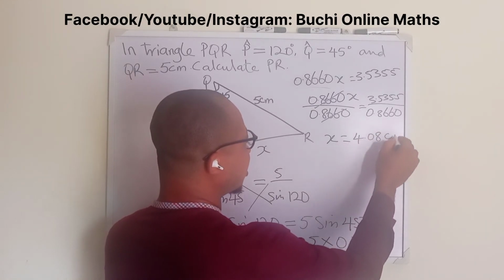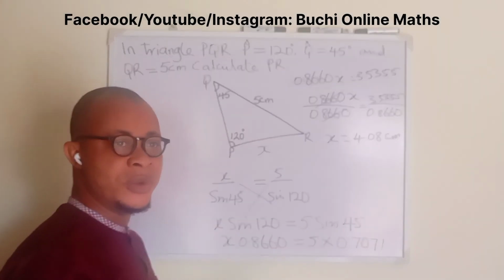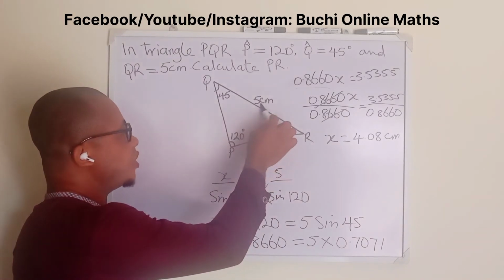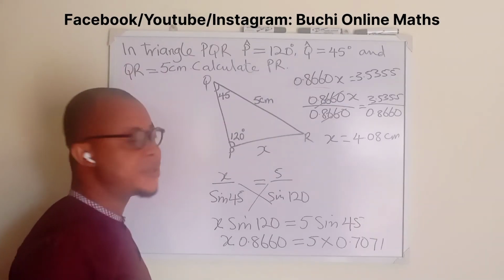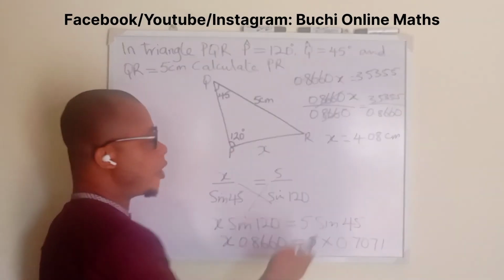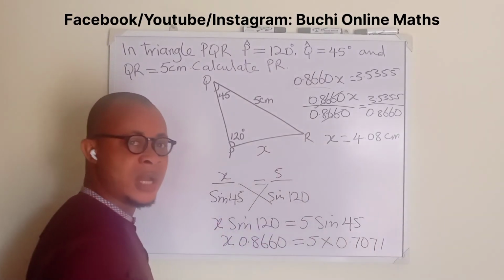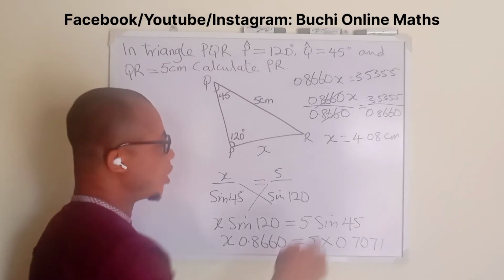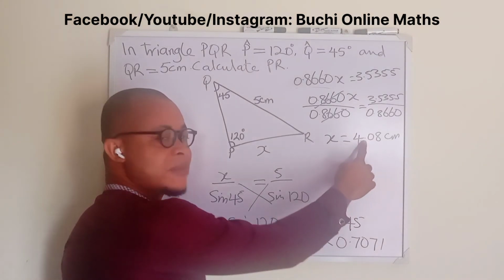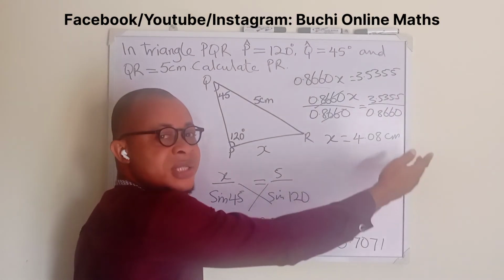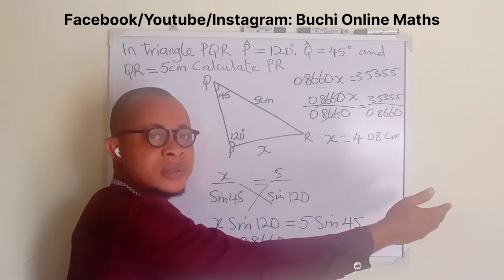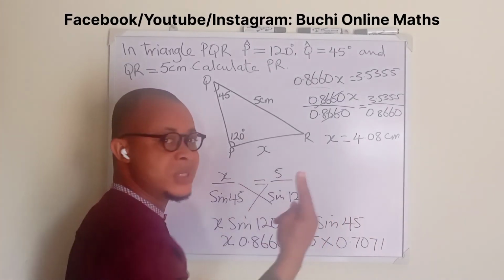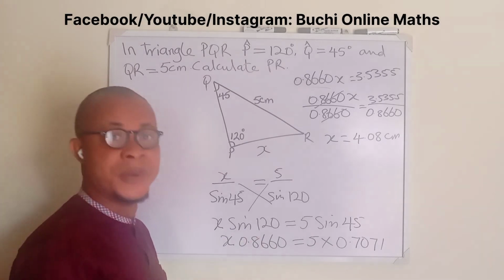4.08 cm. Now, they gave you this one in whole number. This is 5 cm, but you have got your answer for X in 2 decimal places. After this decimal point, we count how many digits you have on the right hand side. You have 0 and 8, that's 2 digits, making it 2 decimal places, right?